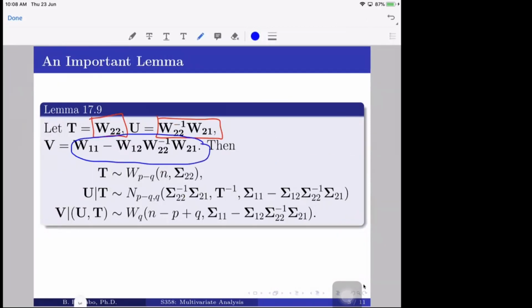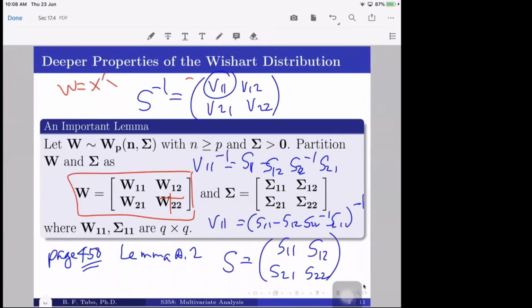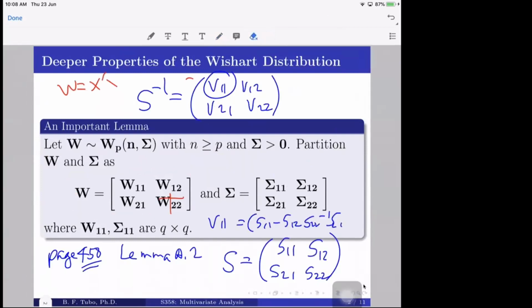By notation, ang sulod sa imong W is W11, W12, W21, and W22.